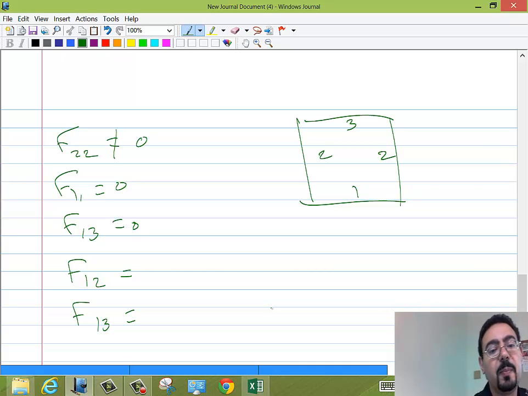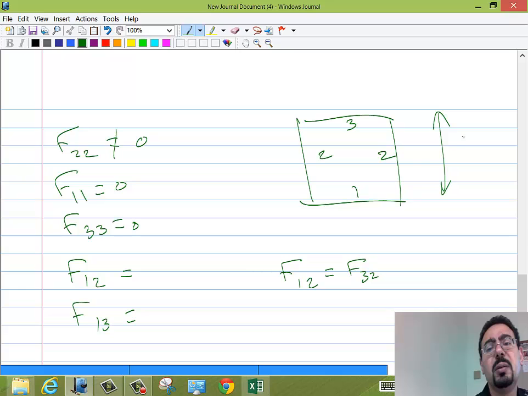Why is 1, 3, 0? I'm sorry, I meant F33. I'm sorry. F33 is 0 and F11 is 0 because 3 cannot see itself and 1 cannot see itself, but 2 can see itself. Alright? And also notice that F12 is the same as F32.